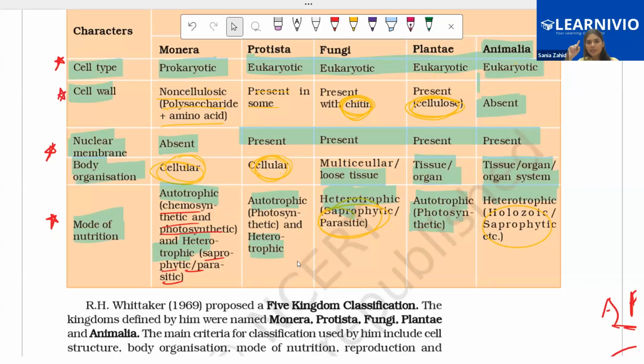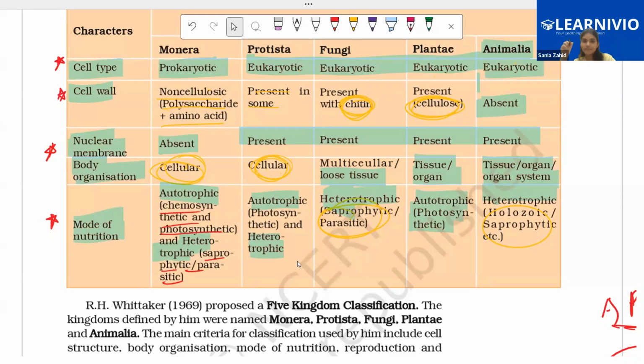Okay. Just revise them 1 or 2 times, then you will be able to have clear concepts in your mind, and you can recall. For Monera, mode of nutrition was autotrophic also, heterotrophic also. In autotrophic, it was 2 categories: photosynthetic and chemosynthetic. Heterotrophic also has 2 categories: parasitic and saprotrophic. So you should know these things by heart. Then Protista, what kind of nutrition?